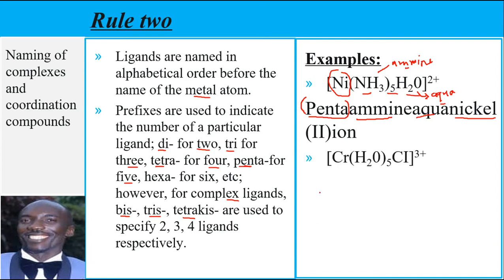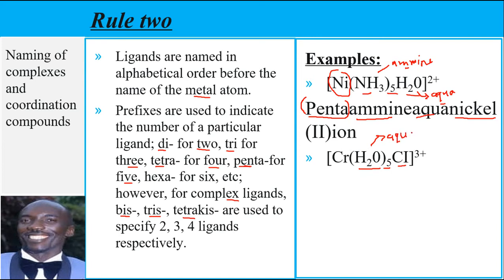Then secondly, we have this complex. Here we have water, which are 5. We also have chlorine or chloride, which is 1. If I have water, this one changes to aqua.